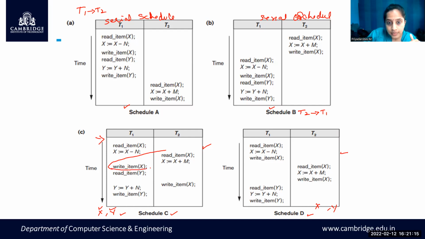Now you can see I have a read of X followed by write of X. So you should find the same conflict order in the other schedule, a read of X followed by write of X, or a read of Y followed by write. I don't have any other conflict in schedule C. But here it is write, read, and here it is read, write.